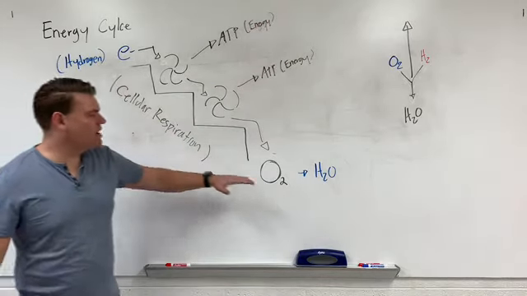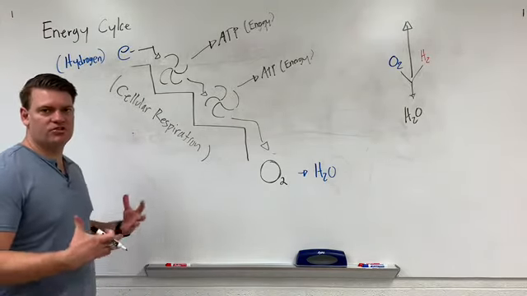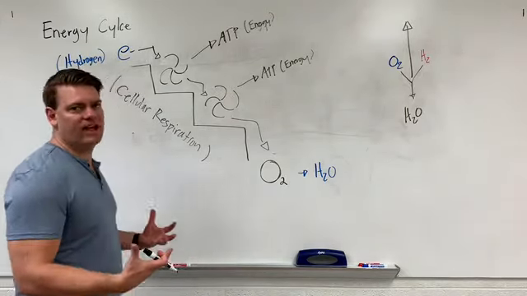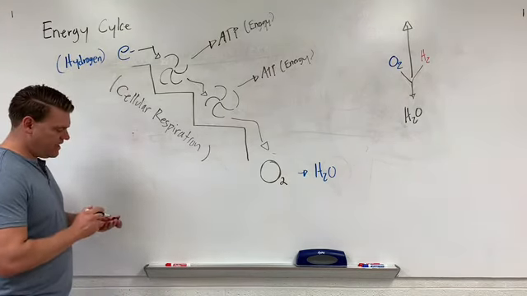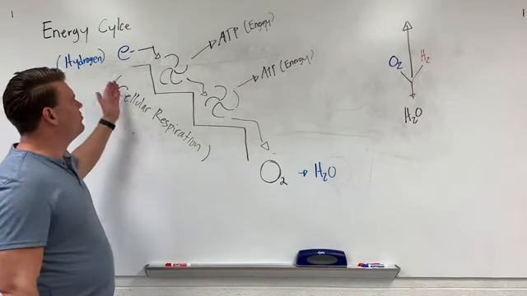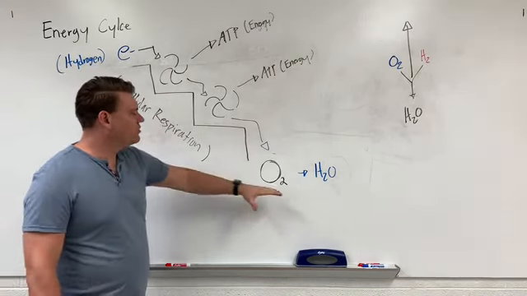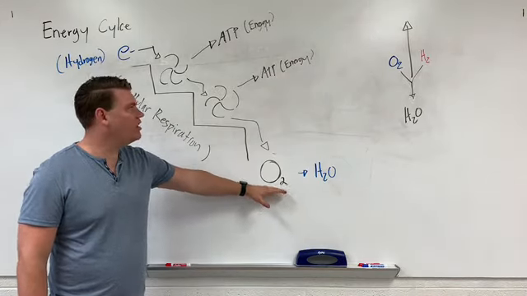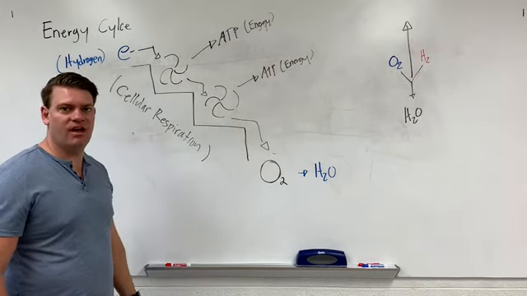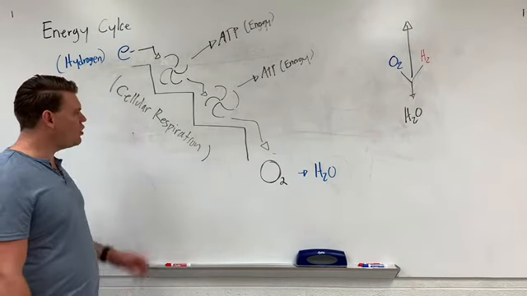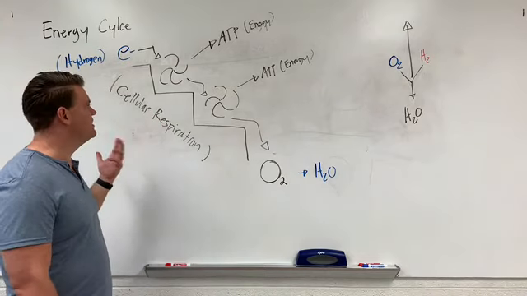So by the time our electron meets up with our oxygen, you're not going to have this huge explosion. We're not going to have a huge problem with this reaction. It allows the creation of the water, but at each one of these steps it allows us to take energy away from the electron to create our ATP.